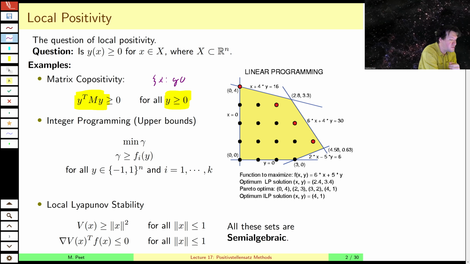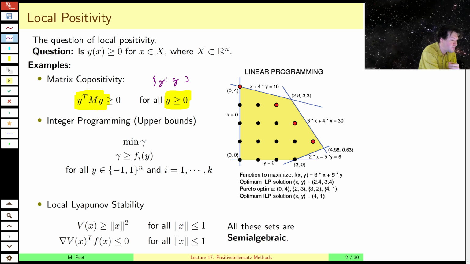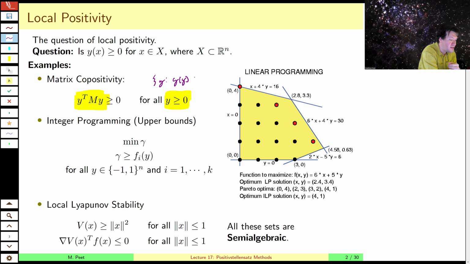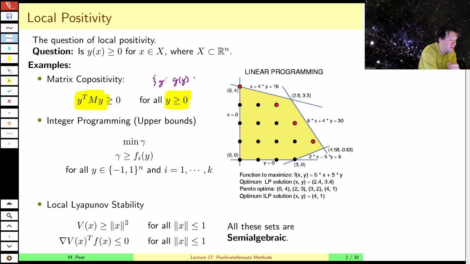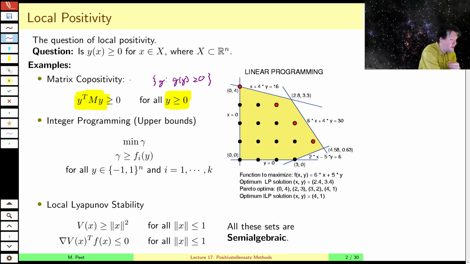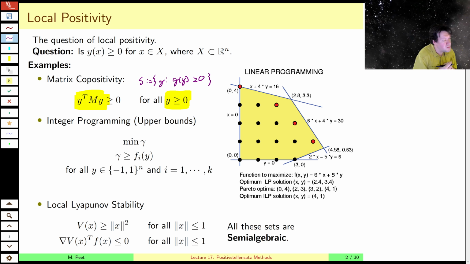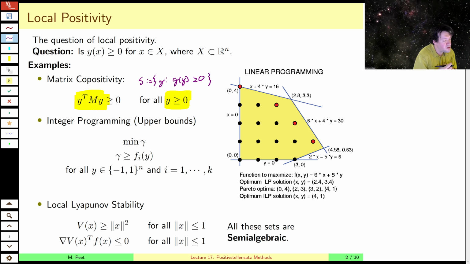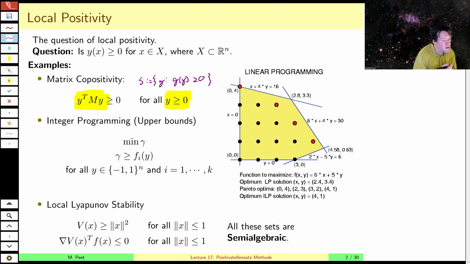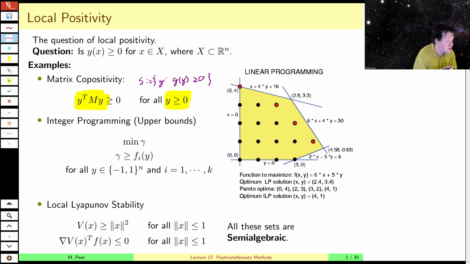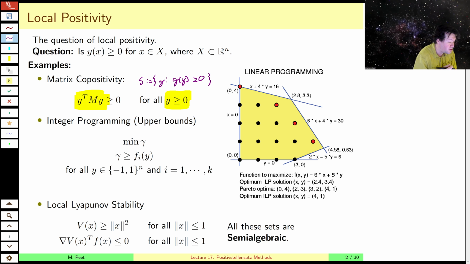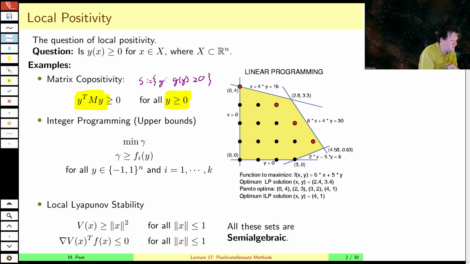They all have this sort of form, g of x, or g of y in this case, greater than or equal to 0. So we're looking for positivity on sets which are themselves defined by positivity constraints, and we'll be using that important property of how we define these sets very shortly. Again, I wanted to call your attention to it now.